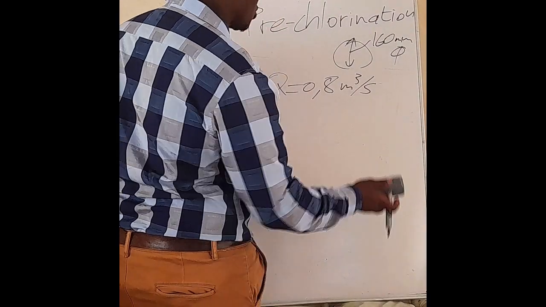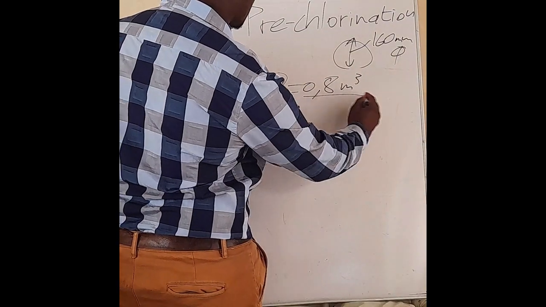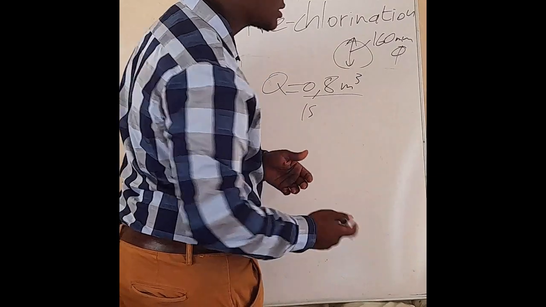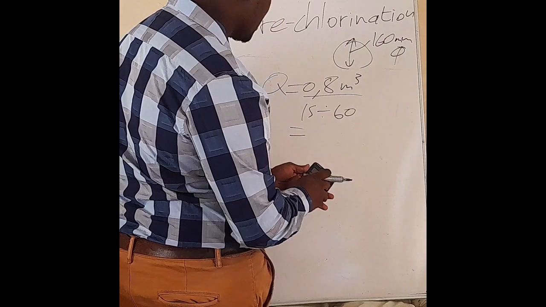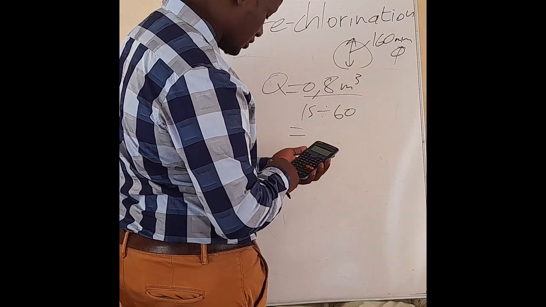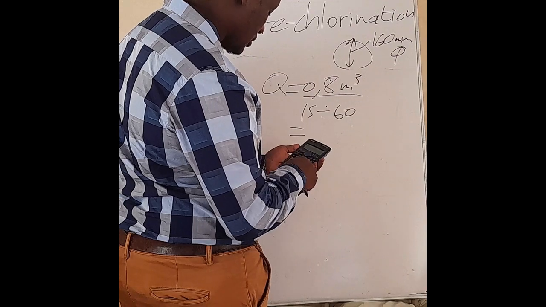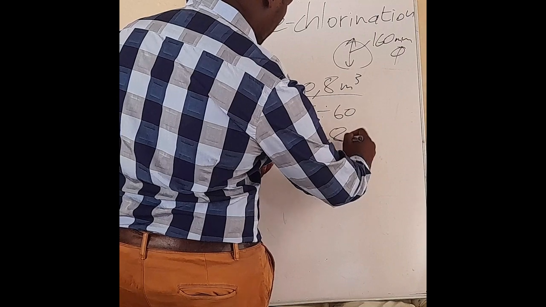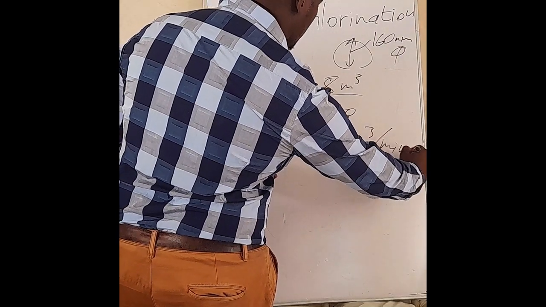So this is what I just normally do. I find it a bit easier. I just say that's per 1 second, and then in order to convert seconds to minutes, you'll then divide by 60. So let's just punch that in and see what we get. That's 0.8 divided by 1 divided by 60, and it comes to 48 meter cubed per minute.